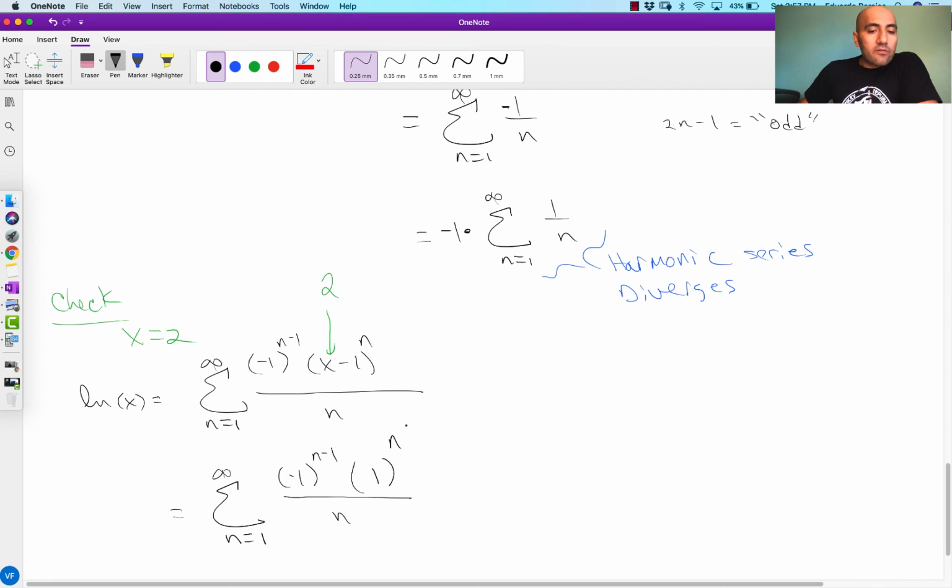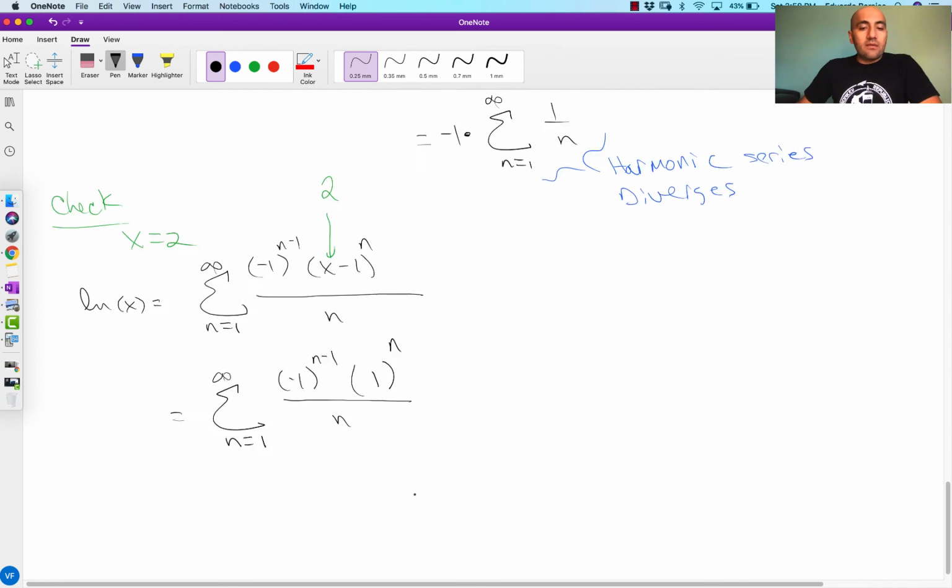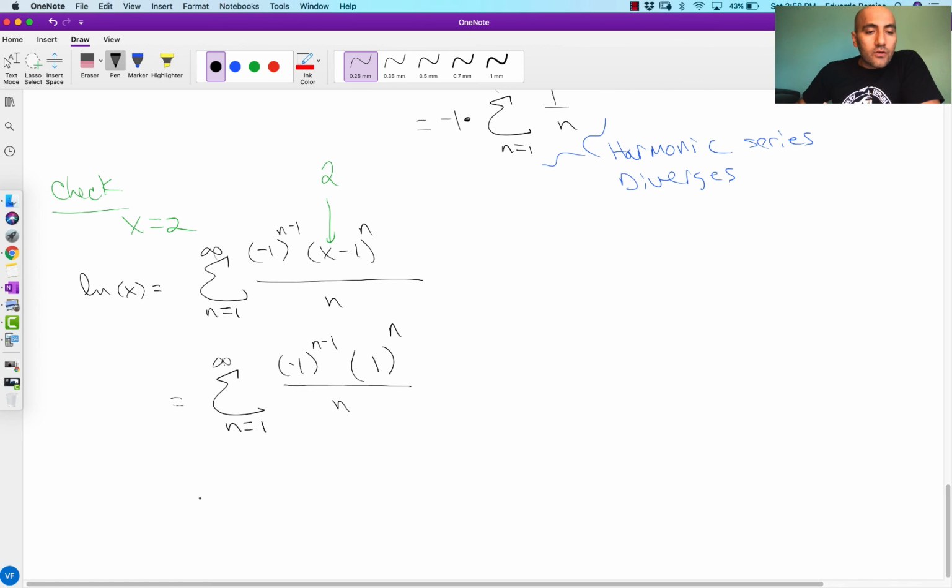And 1 to the power of n is just going to be 1. So that part of it just disappears and becomes the sum from n equals 1 to infinity of negative 1 to the power of n minus 1 all over n.